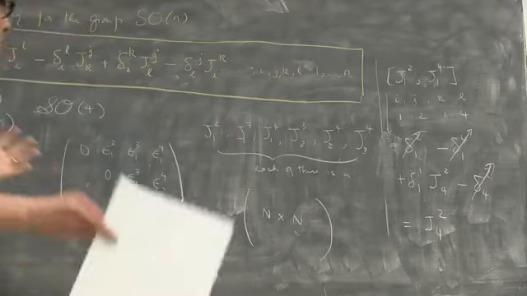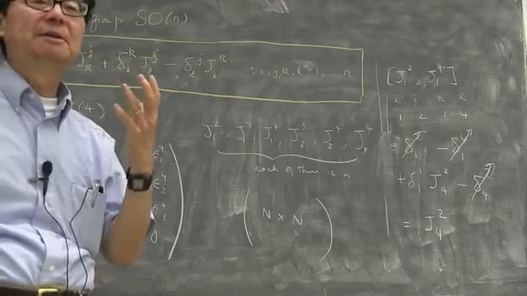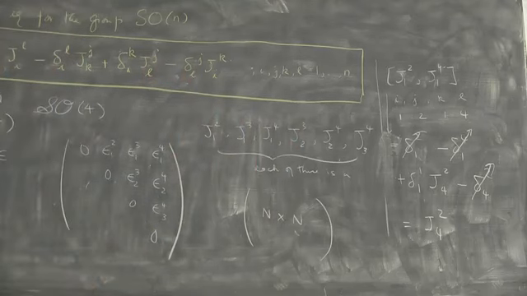But the interesting thing is, no matter what group you're talking about, as long as it's SON, where n can be anything, one and the same structure constant equation governs them all. So this is a very powerful result indeed.